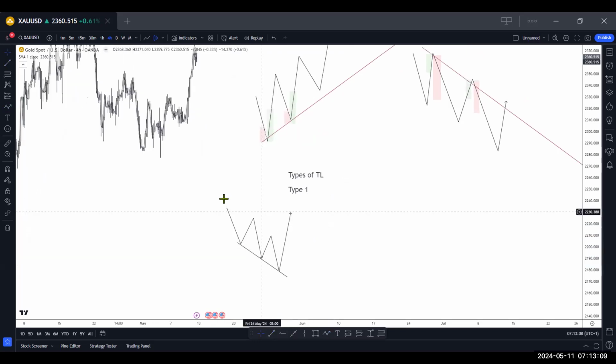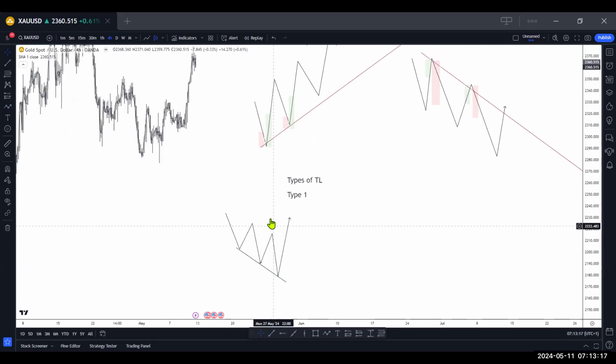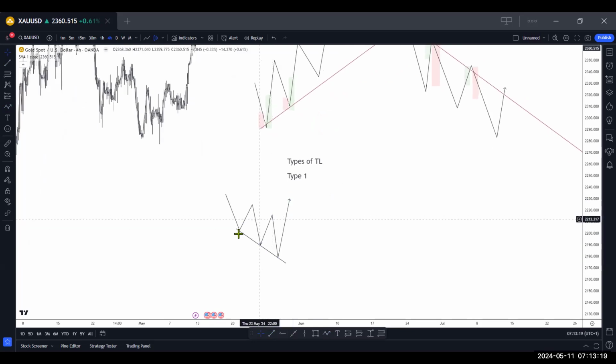Okay, this is type one. So for type one, this guy can either break out or not. It's not compulsory for this guy to break out for this to be a valid trend line. The only thing for you to have a valid trend line is this guy must break this guy. All right. Okay, so you have engulfing, engulfing, then you have your entry.